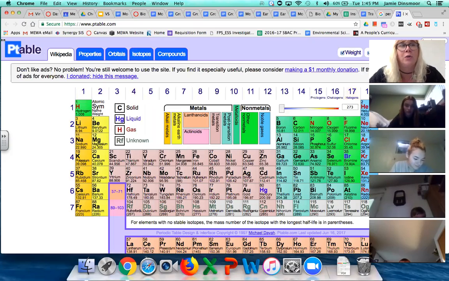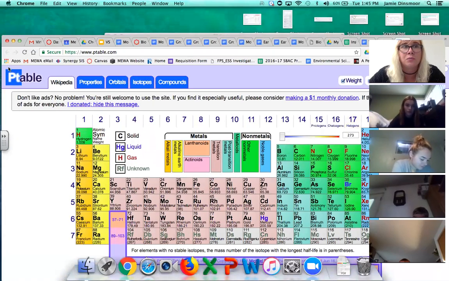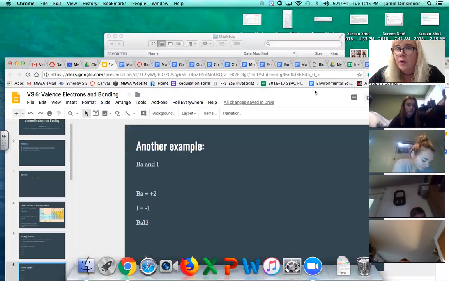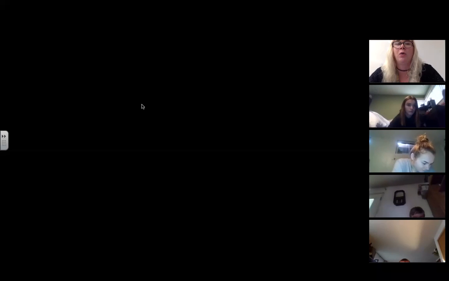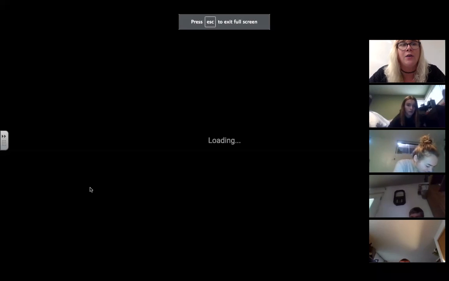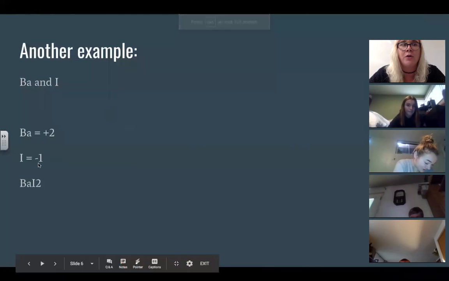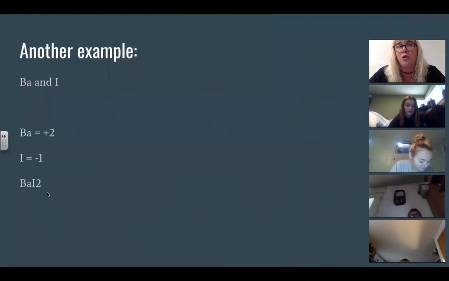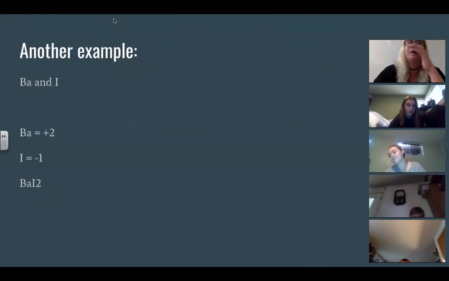So if we go back to our PowerPoint, we will see that I wrote that out already. And if you flip your numbers and write them as a subscript, then you would get BaI and then the 2 as a subscript. Now, another thing that you can do here is think about Lewis dot structures. Because I know this flipping thing, for some people, it's like, yes, this is easy.